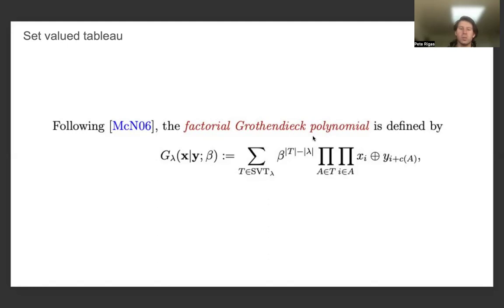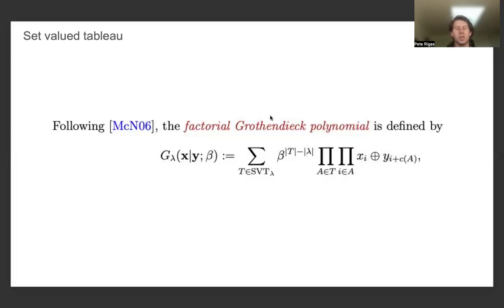You're taking beta, which is some parameter, not to be confused with the inverse temperature of the Ising model that we had talked about earlier, but just some value, some factor, which appears in the summation, and you raise this to t, which is a set value tableau of shape lambda. And then you take a product from each one of the two variables that you're taking the double sum from for the Grothendieck polynomial.